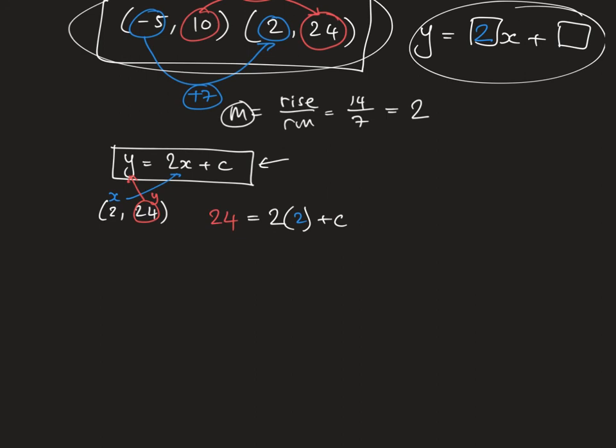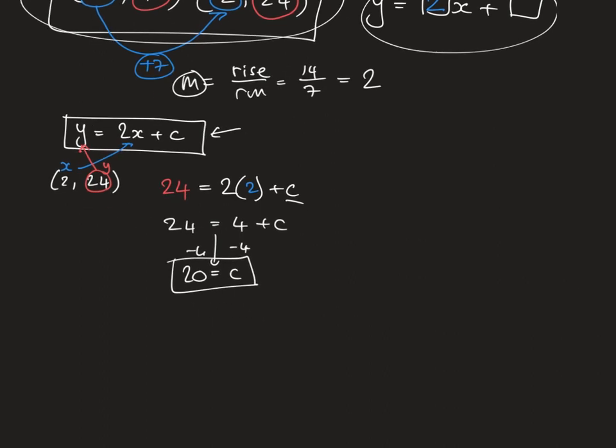So essentially what we're trying to do here is just work out what c is. So 24 is equal to 4 plus c. I'm going to subtract 4 from both sides, meaning that 20 is equal to c.